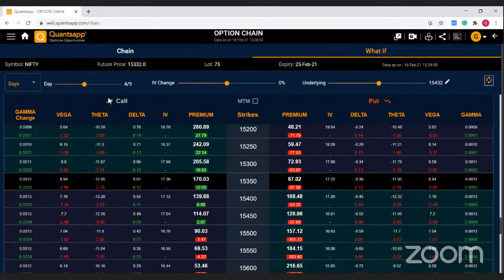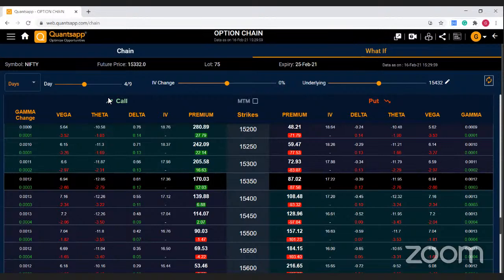Now I want to see what most people forget to look into, that is IV. That's implied volatility. And that's one of the factors which gives a very good insight into whether the option will be making money or not, because implied volatility is uncertain.